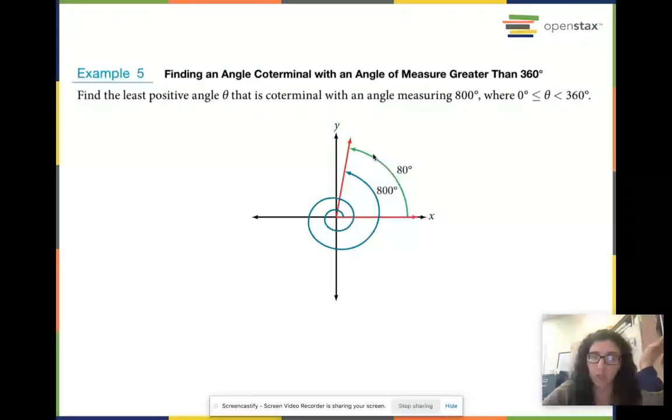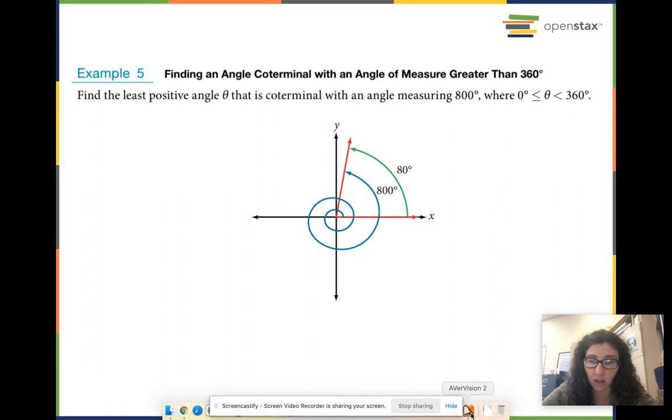This is kind of giving the answer away, but how would we find that? Usually we're interested in the measure of an angle that's between 0 and 360 degrees. We're looking for a positive angle that's between 0 and 360, or 0 and 2 pi, depending on whether we're using degrees or radians.